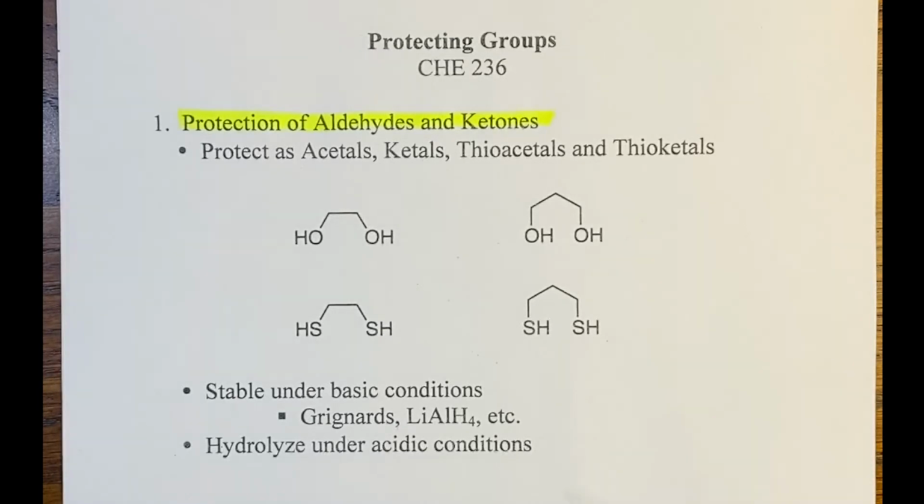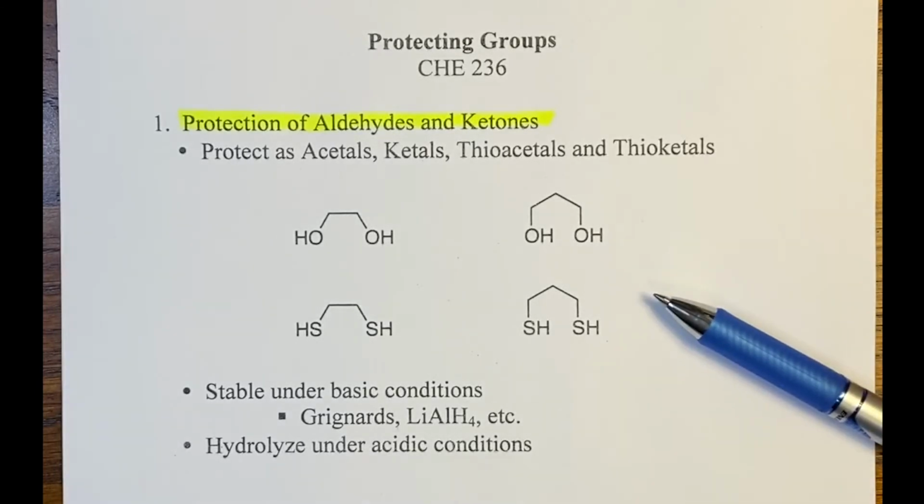That means that when we use these, we have to avoid reactions that have acidic conditions. They are going to be stable to basic conditions using reagents like Grignards or our reducing agents, but they will hydrolyze under acidic conditions.